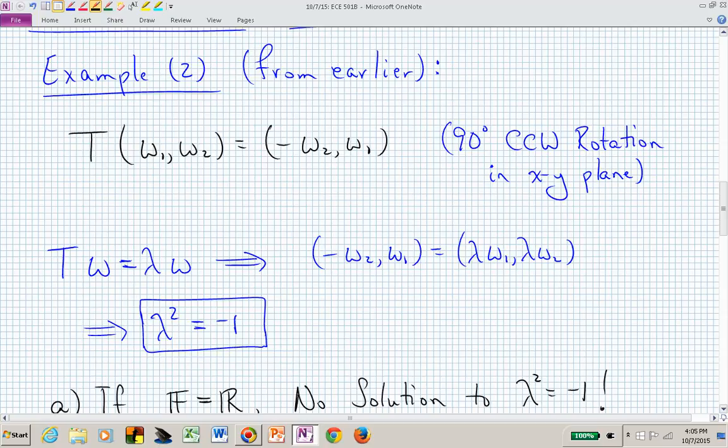From the equation (minus w2, w1) equals (lambda w1, lambda w2), we get an equation that lambda needs to satisfy. We need lambda squared to equal minus 1. That's where we made it to last time.